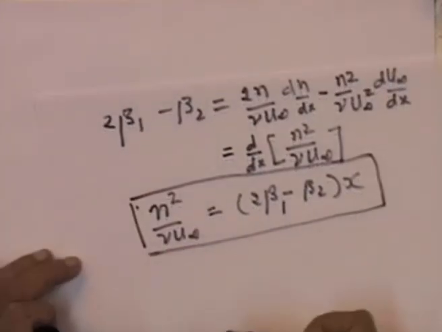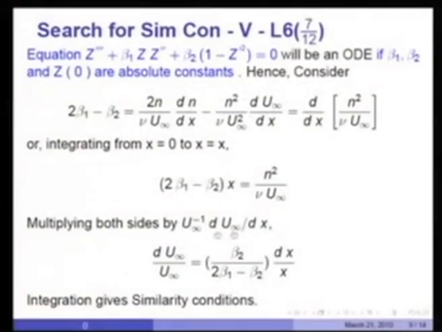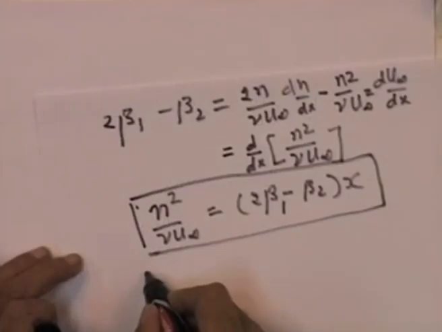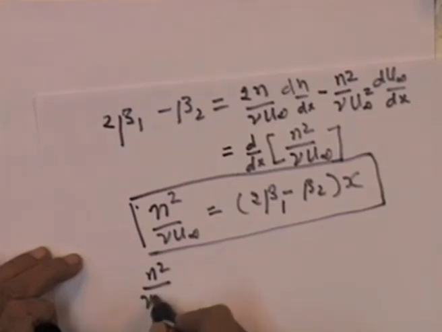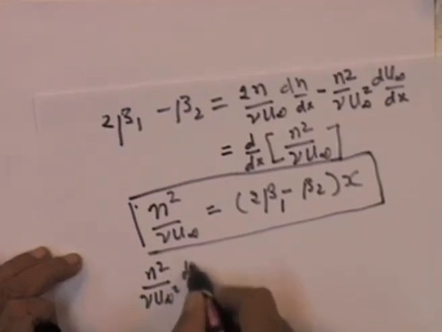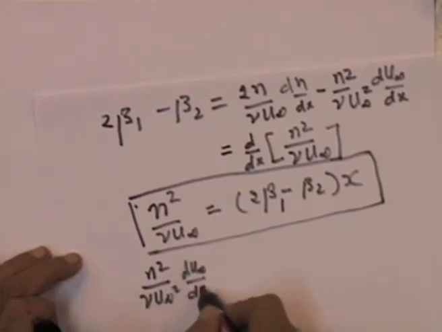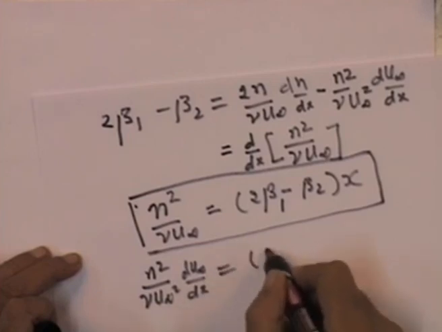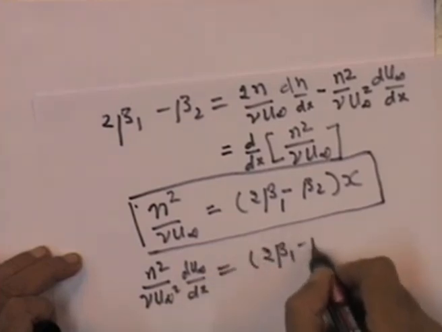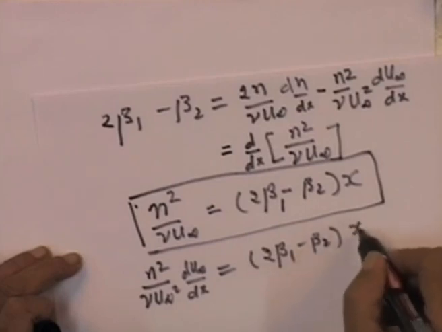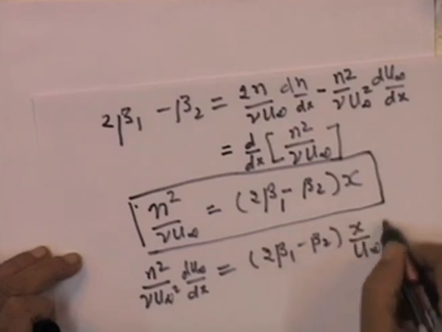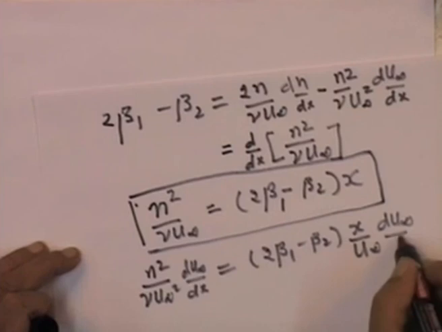I now multiply both sides by 1 over u infinity du infinity by dx, then you will see n square over nu u infinity square du infinity by dx will equal 2 beta 1 minus beta 2 x divided by u infinity du infinity by dx.